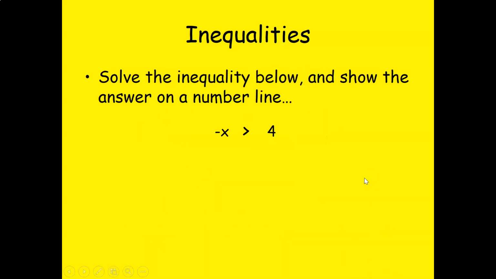Solve the inequality below and show the answer on a number line. Negative x is greater than 4. Multiply both sides by negative 1. So we have x is less than negative 4.